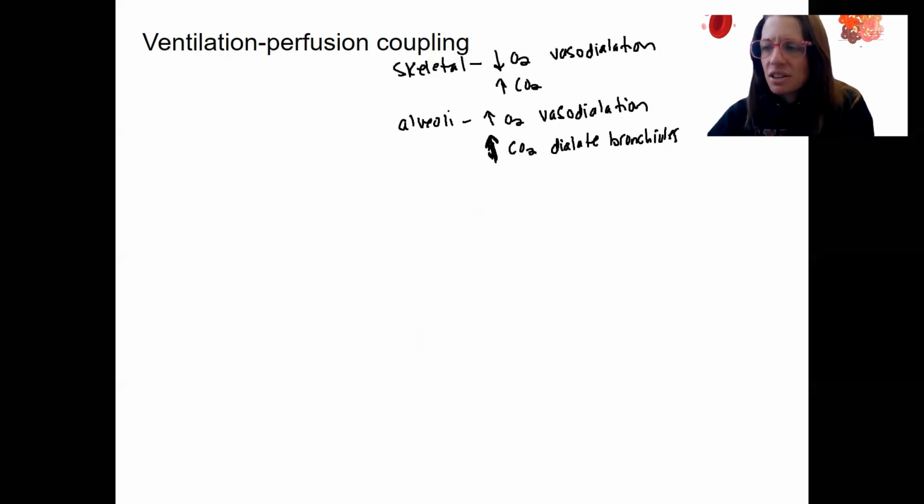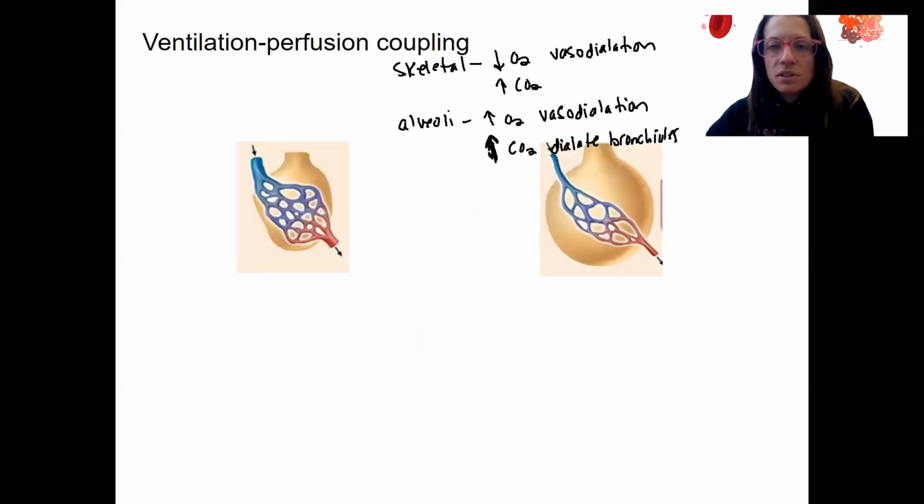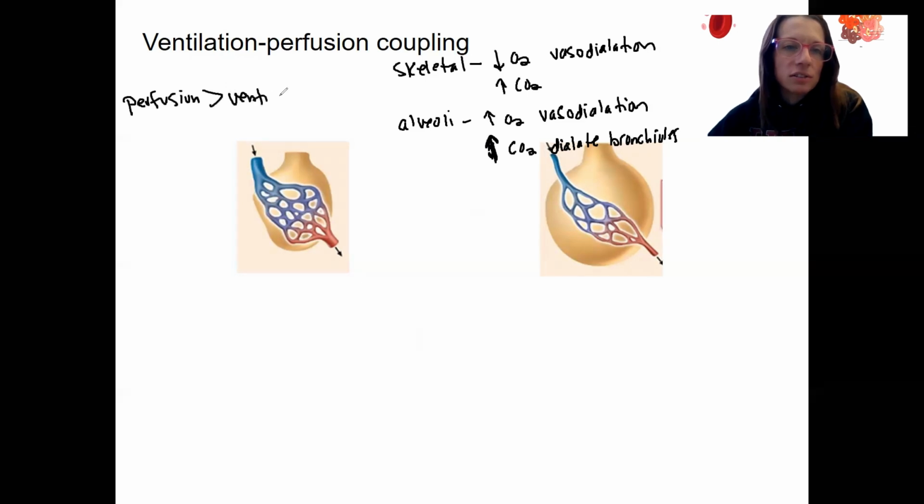Okay, let's actually look at this. Here are two scenarios. In this case, I'm going to say perfusion is greater than ventilation. That could be due to low ventilation, bronchoconstriction.